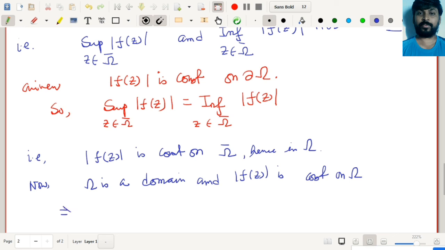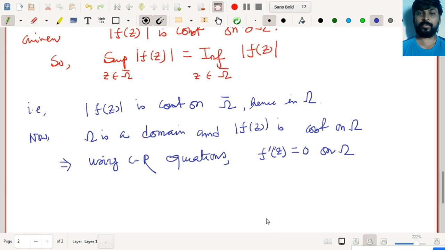So obviously, using the CR equations we can show that the derivative f dash z is 0 on omega, that is f(z) is constant on omega.